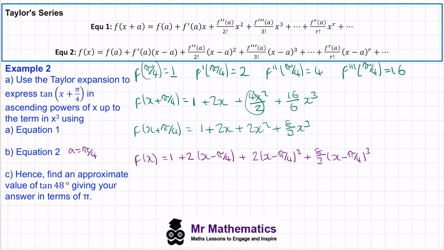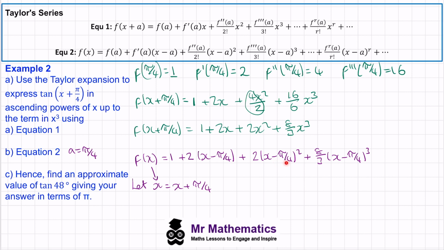But the question wanted ascending powers of x up to the term x cubed, not x minus pi over 4 cubed. But we're trying to work out the tan of x plus pi over 4. So we need to let this x equal x plus pi over 4. And this will shift the function back. So if we were to substitute x plus pi over 4 into here, well, this negative will cancel with this positive.